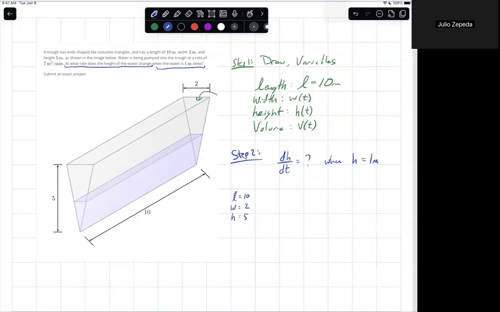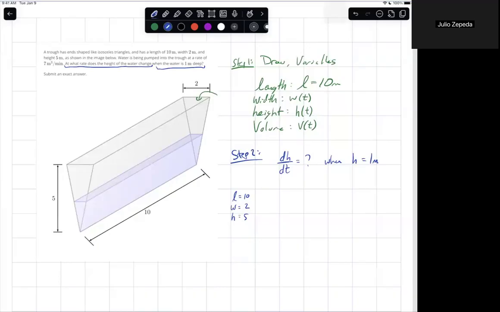Now, these are the dimensions of the container, but they're not the dimensions of the water at any specific moment in time until this container is full. Once it is full, they will be the dimensions of the water. But these dimensions are mostly going to be used to find a relationship between the width of the water and the height of the water, as we saw in the previous video.